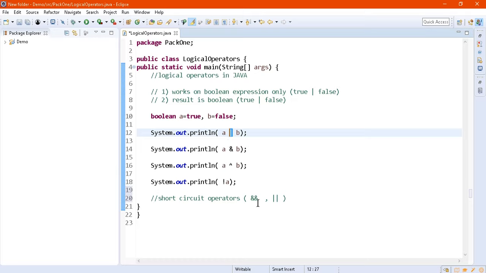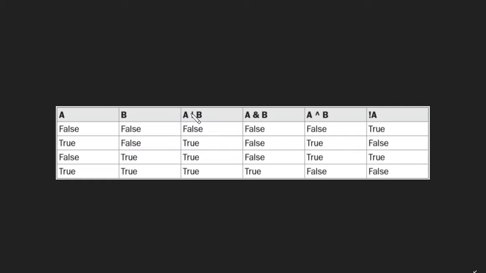Now if the working is the same, then what's the difference between this and this? To understand the difference, let's get back to where we started. The idea behind short circuit logical operators is simple. If the result can be calculated by simply evaluating the left hand side, then we have no need to check the right hand side. So if the first Boolean expression is true in an OR, then it always returns true.